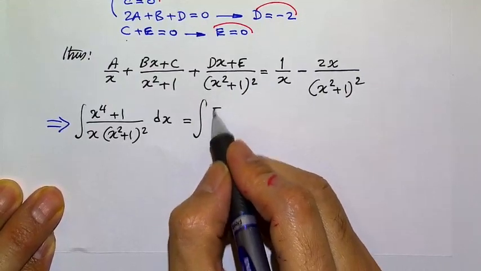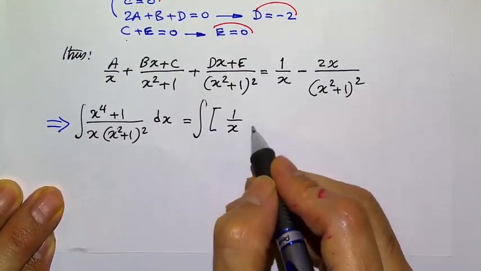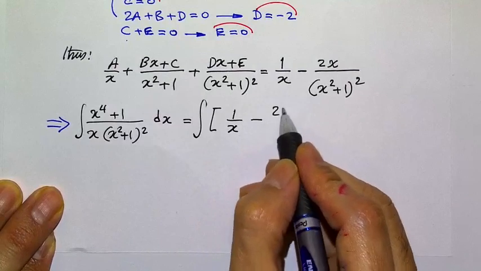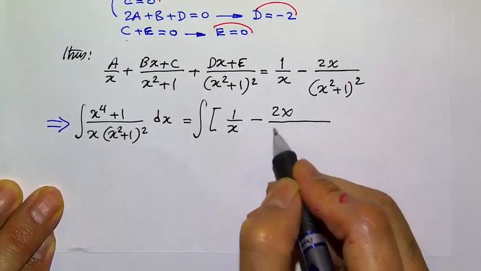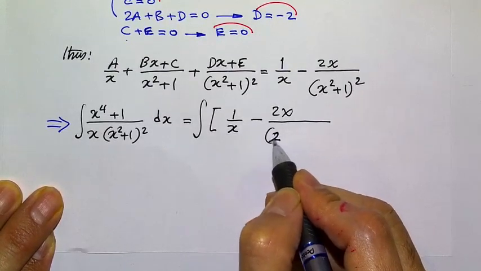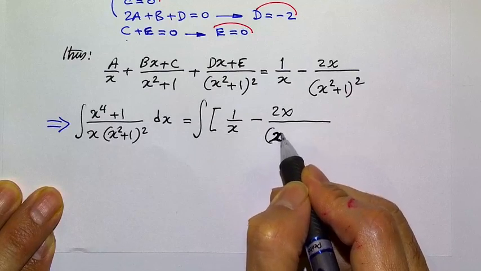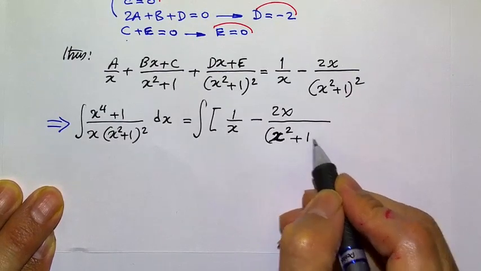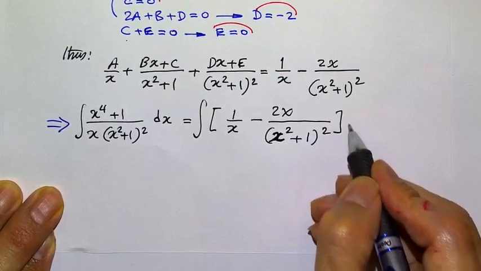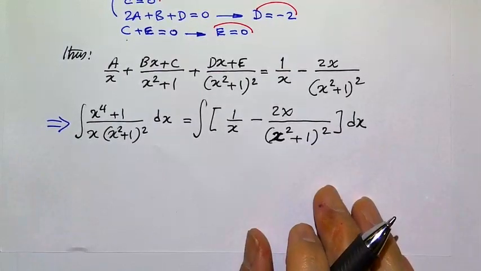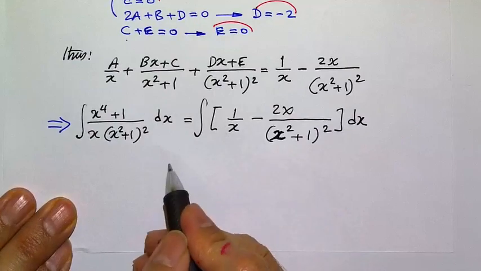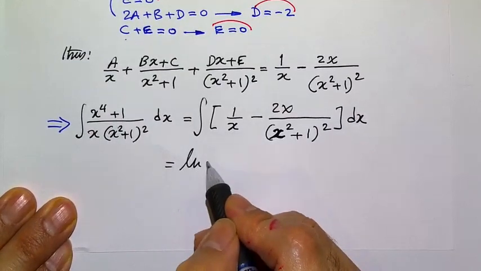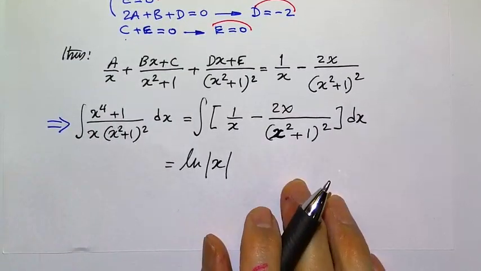So that 1 over x minus 2x over x squared plus 1 squared dx. So the first one is quite easy. That's just natural log of the absolute value of x.